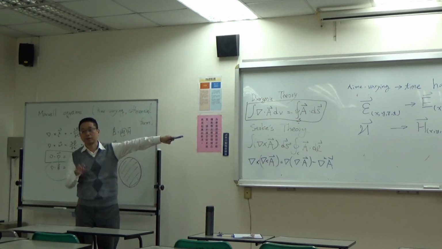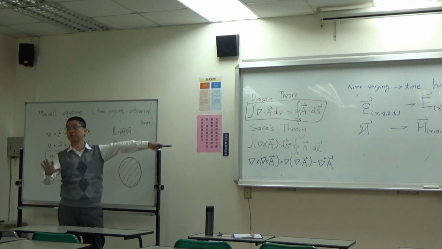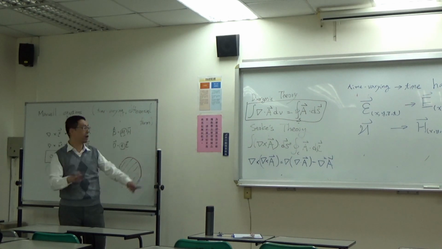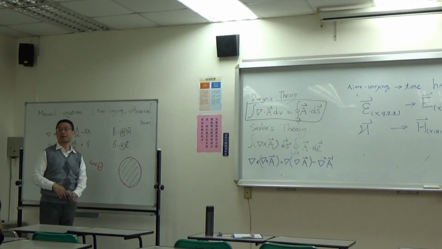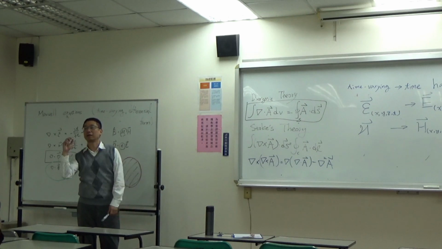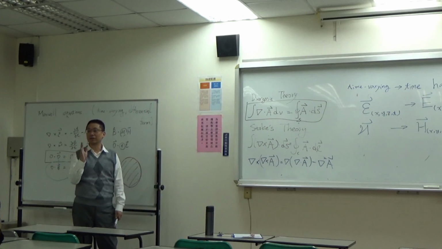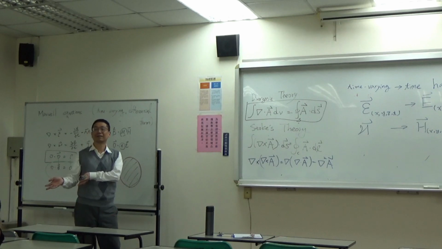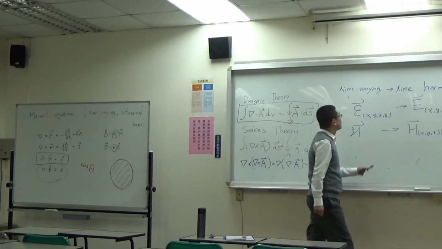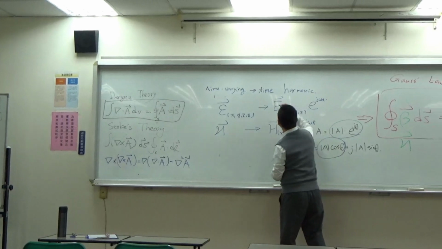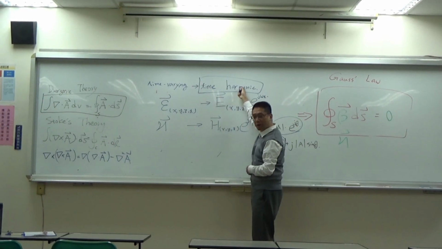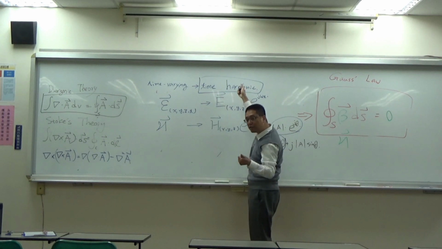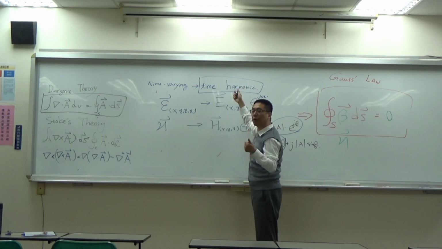You do the similar thing to all of the vectors, not only E and H, but also your D and B and M and J. You take the time part outside. So finally, remember this word, this is the keyword: time harmonic form of the differential Maxwell equations.